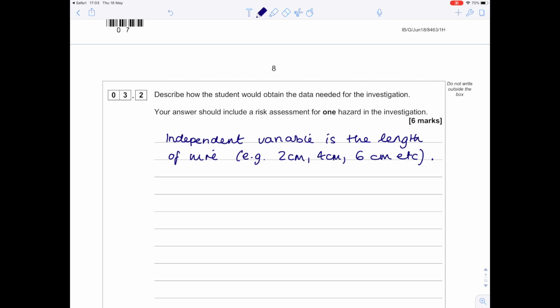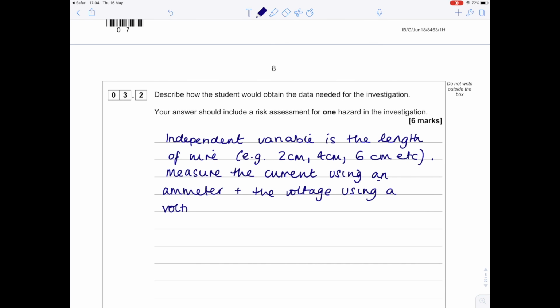Now, in order to measure the resistance, you can't just use a device that measures resistance. You need to use a different equation. So we're going to measure the current using an ammeter, and the voltage or potential difference using a voltmeter, and substitute these values into the following equation, which is resistance equals voltage divided by current.